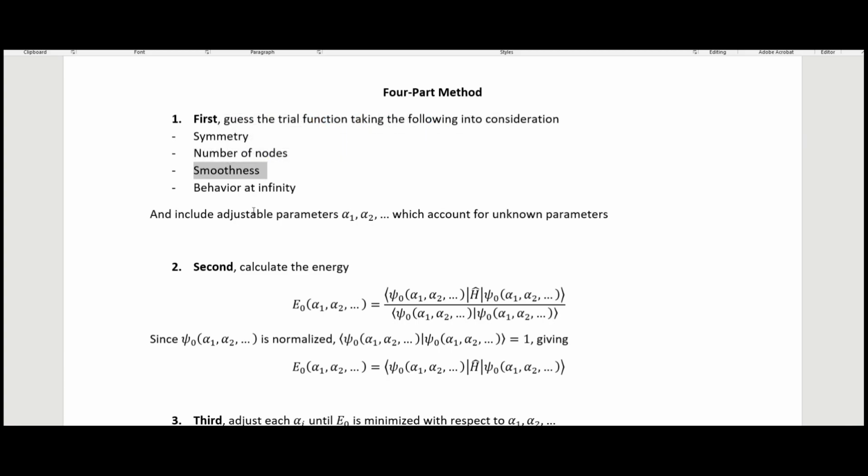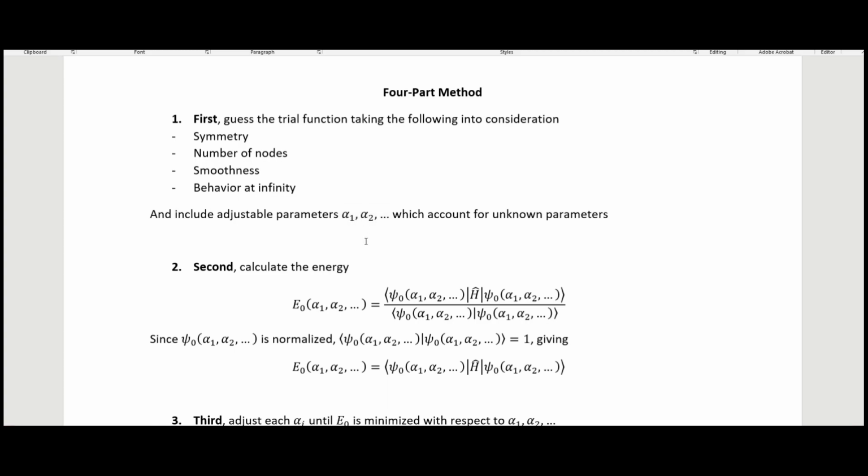We want to know how smooth it is, and we want to know the behavior at infinity, so how it dies off as it goes to infinity. And we want to include these adjustable parameters, so alpha 1, alpha 2, and so on. And as we'll see, a lot of times we'll have just one of these, but there can be multiple adjustable parameters.